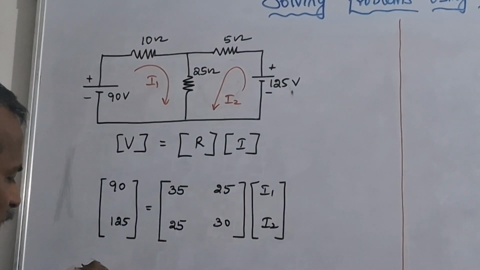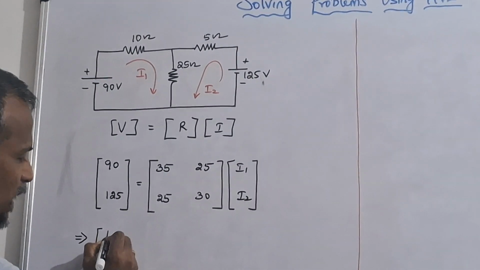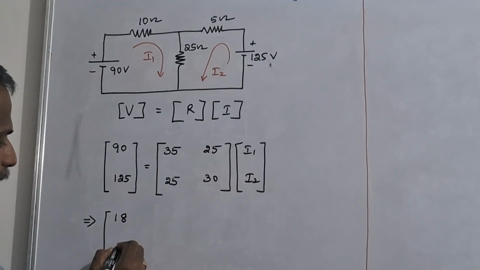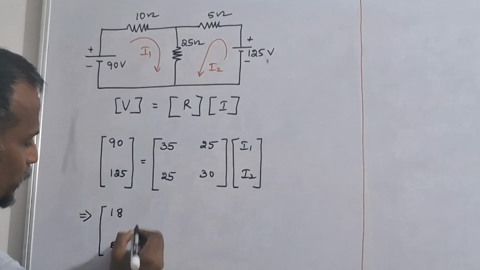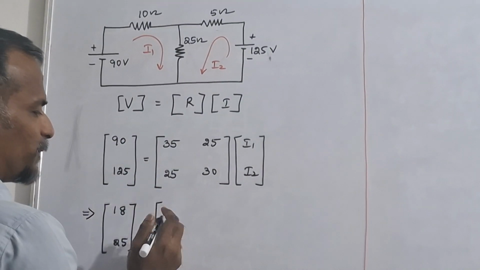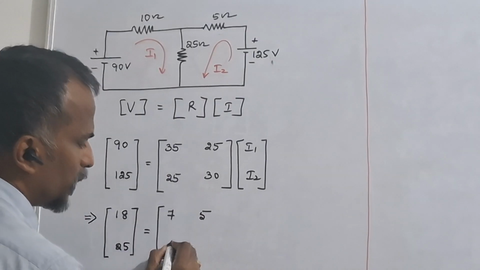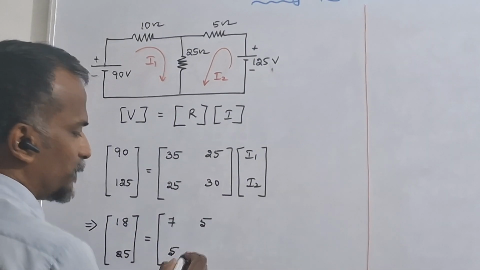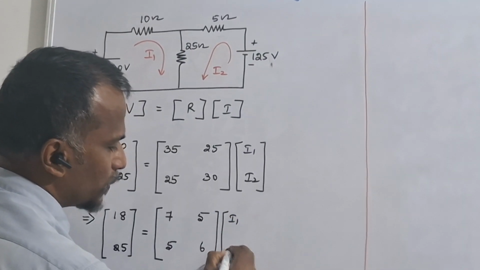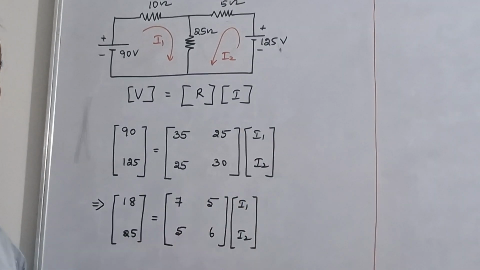Finally we end up with the values: 90 divided by 5 is 18, and 125 divided by 5 is 25, equal to the matrix: 35 divided by 5 is 7, 25 divided by 5 is 5, 25 divided by 5 is 5, 30 divided by 5 is 6, into I1, I2. I hope you understand: 7, 5, 5, 6, I1, I2.